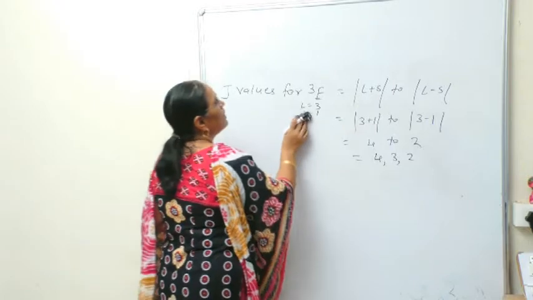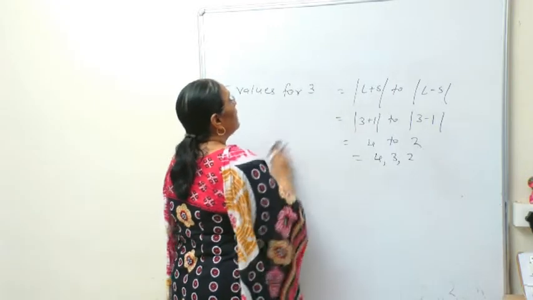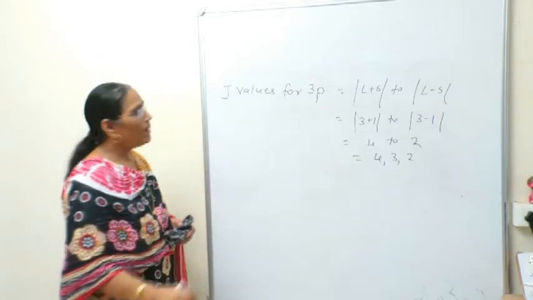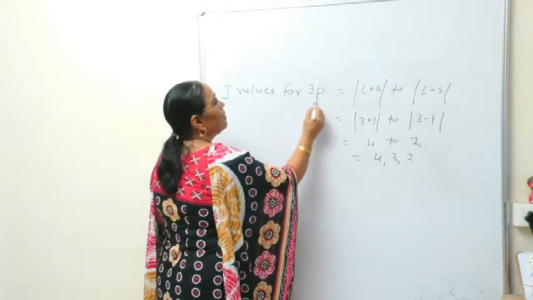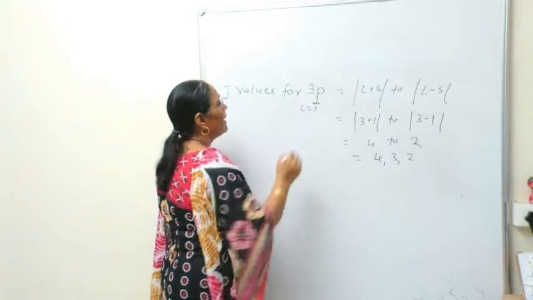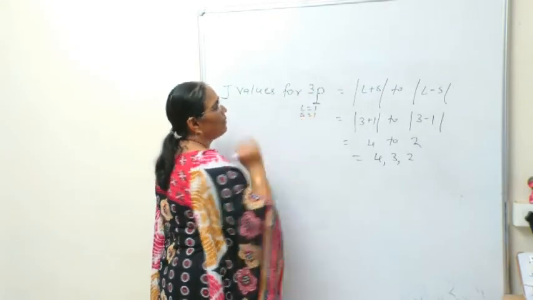Next we see J values for triplet P. For the P term L is equal to 1, and for a triplet term S is equal to 1.